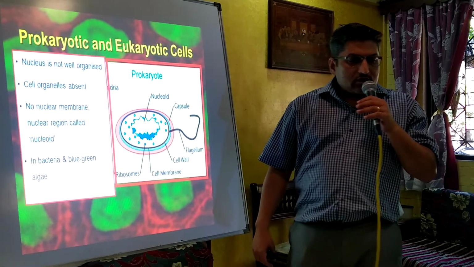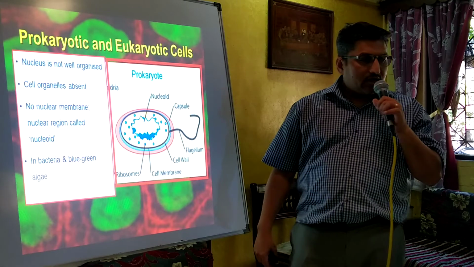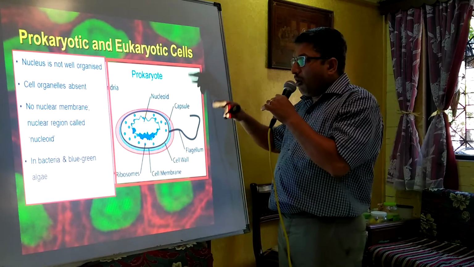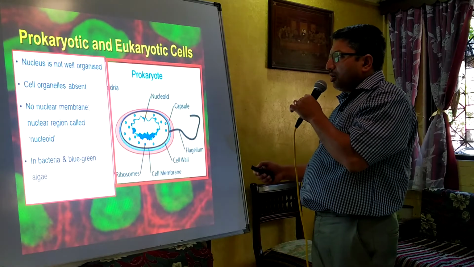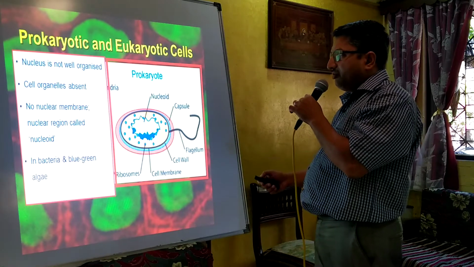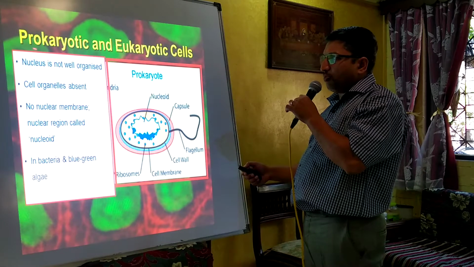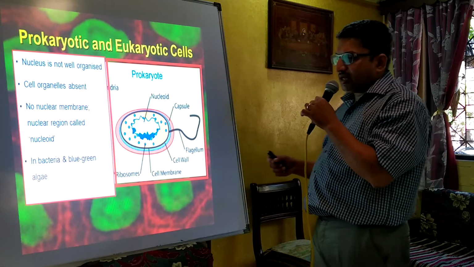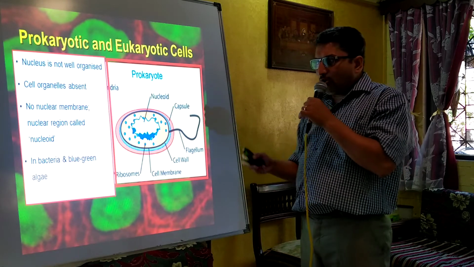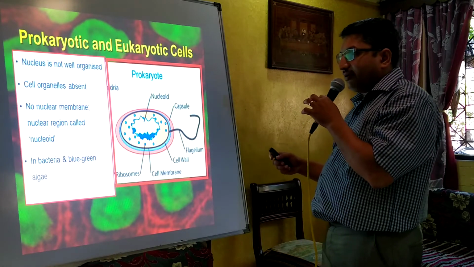When we look at cells, we say the cells are basically of two types: prokaryotic cell and eukaryotic cell. Prokaryotic cell: P for prokaryotic, P for primitive. So let us have a look at a prokaryotic cell. Which are the characteristics?